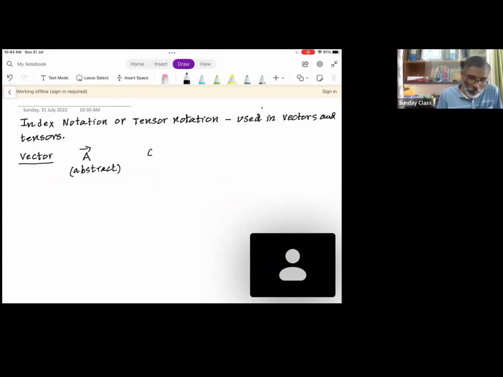Now, if you choose a coordinate system, which sometimes we will call a basis, then A can be written in terms of components. So let's say A1 E1 plus A2 E2 plus A3 E3.